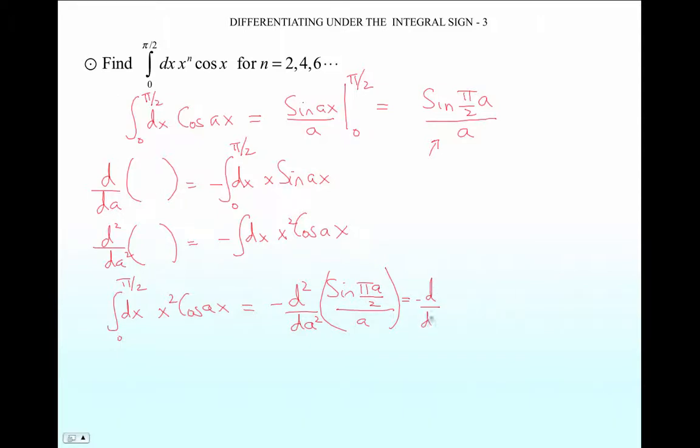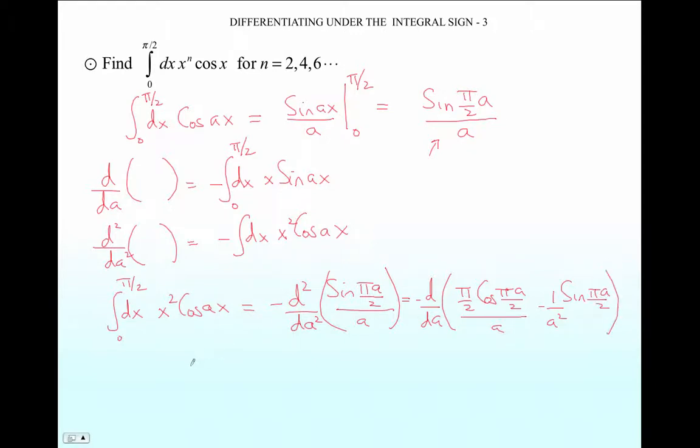So we have minus d by da, and then when I take the derivative of sine, I will get cosine of pi a by 2 divided by a, and then of course I have to differentiate 1 over a, which gives me minus 1 over a squared, and sine as it is.